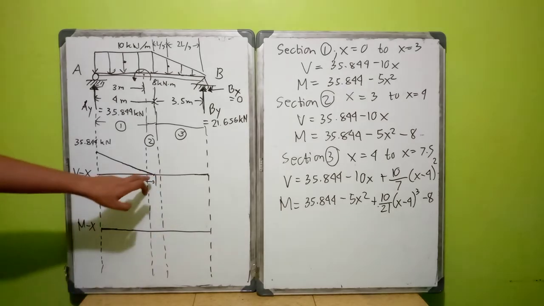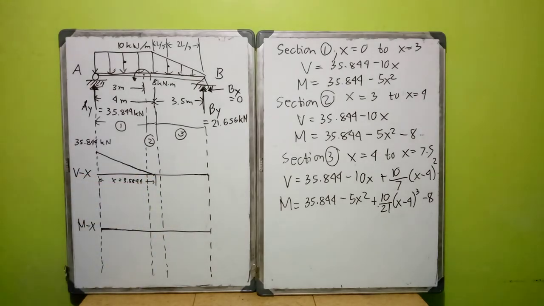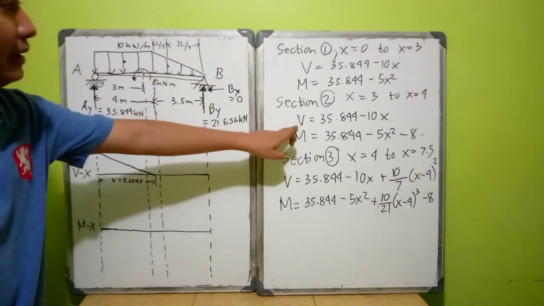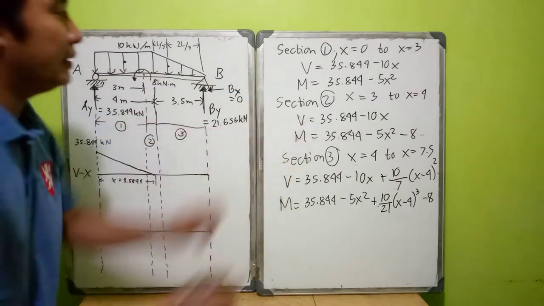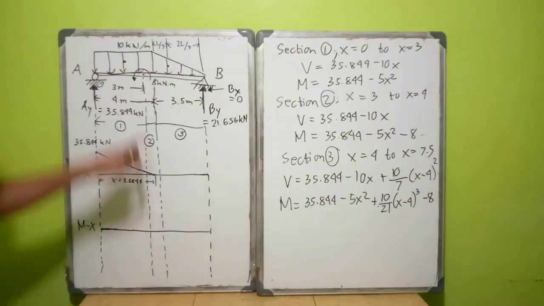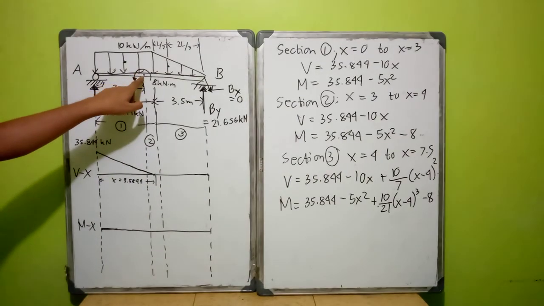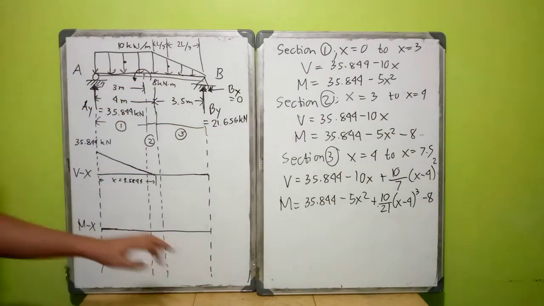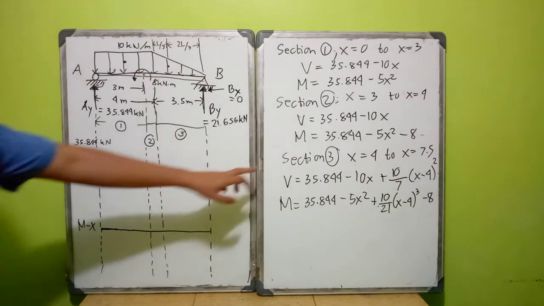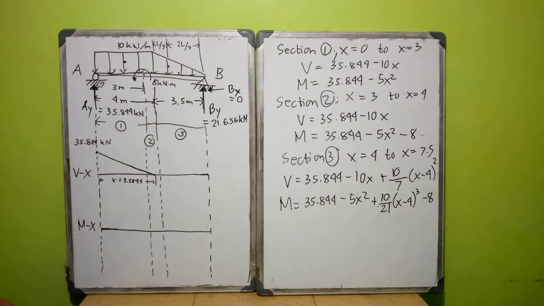This will be 0. Since they have the same equation in section 2, we draw a section 2 because there is a change in loading. There will be a moment. So we proceed to section 3.